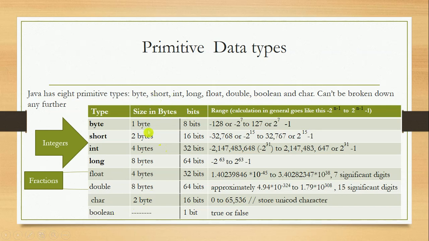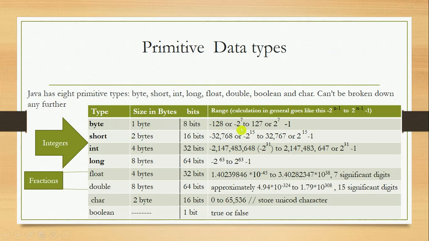Let's see the size of memory consumptions. Byte consumes 1 byte, which is about 8 bits. And the maximum value that can be stored in byte is 127, whereas the minimum value is negative 128.